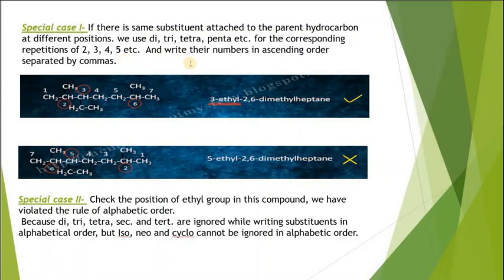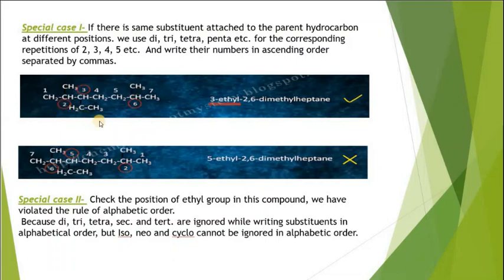And we are going to write their numbers in ascending order, separated by commas. For example, you can see this example. It is a normal heptane having 7 carbon atoms in it, and it has 2 methyl groups attached at positions 2 and 6. So instead of writing 2-methyl and 6-methyl again and again, we are going to combine these two as dimethyl.